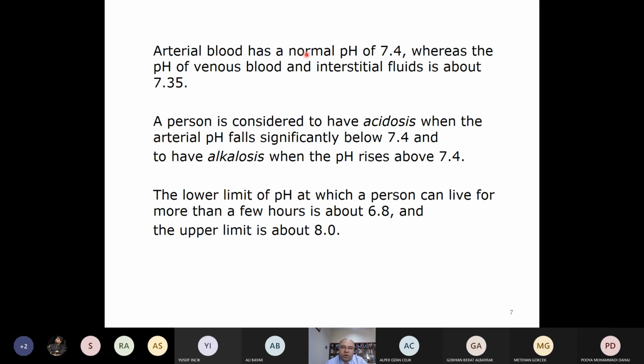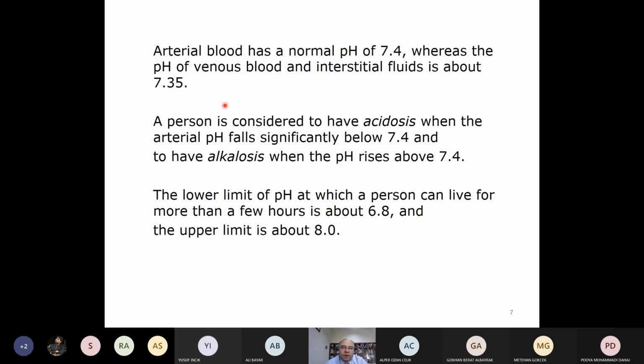Venous blood, on the other hand, is carbon dioxide-rich blood. The cells produce carbon dioxide, and carbon dioxide-rich blood has a little bit lower pH value, 7.35.